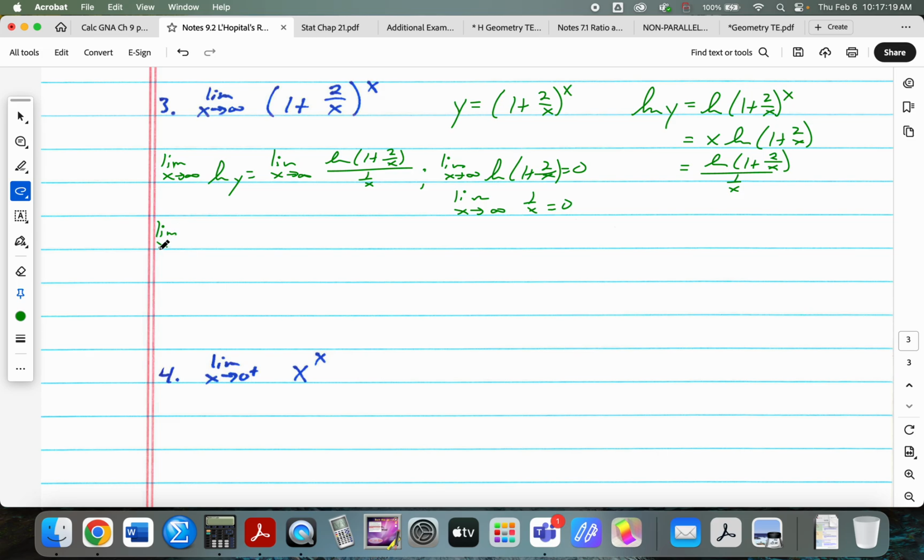So the limit as x goes to infinity of the natural log of y is going to be equal to the limit as x goes to infinity of the derivative of the natural log of something, which is 1 over that something, so 1 over 1 plus 2 over x, times the derivative of 2 over x, which is negative 2x to the negative 2, all over the derivative of x to the negative 1, which is negative 1x to the negative 2.